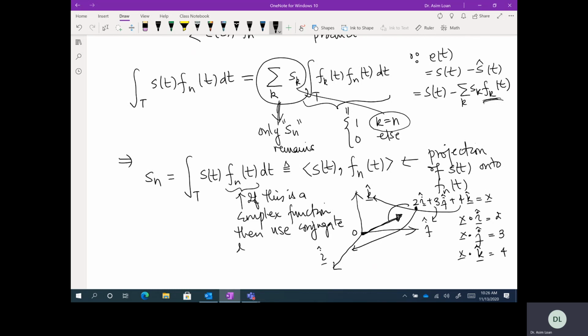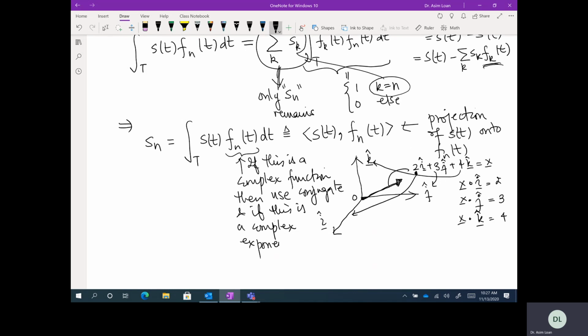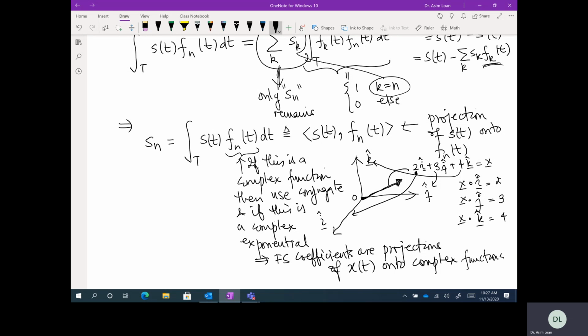And if this is a complex exponential, this implies your Fourier series coefficients are projections of x of t onto the complex functions which form a basis, right? Okay. So we know that the Fourier series coefficients are projections.